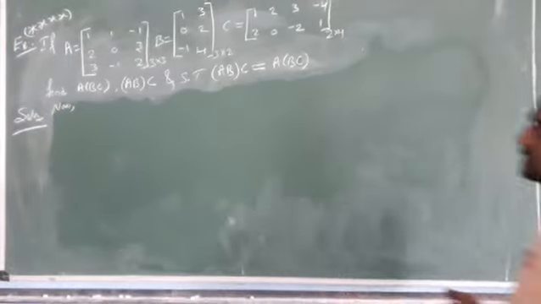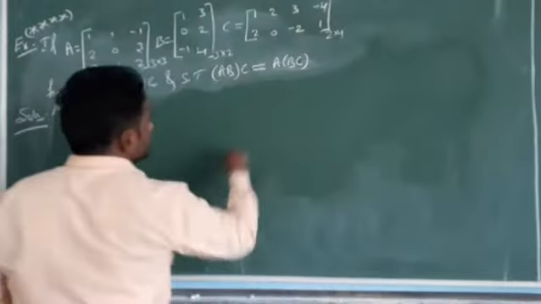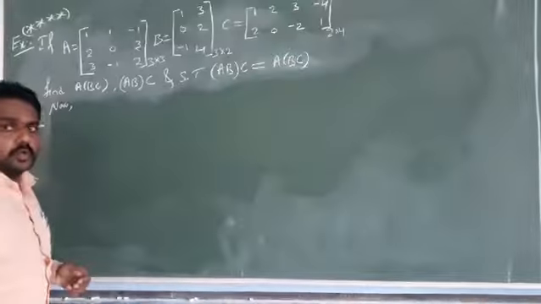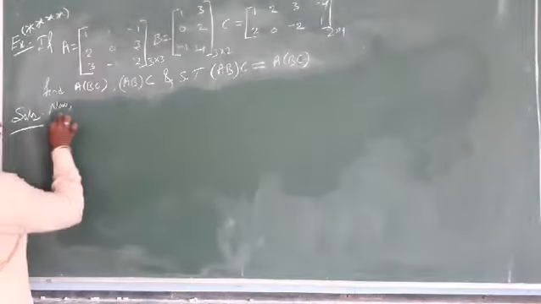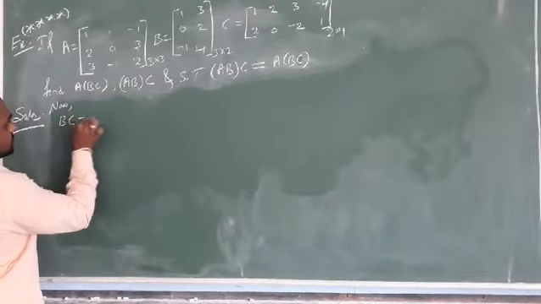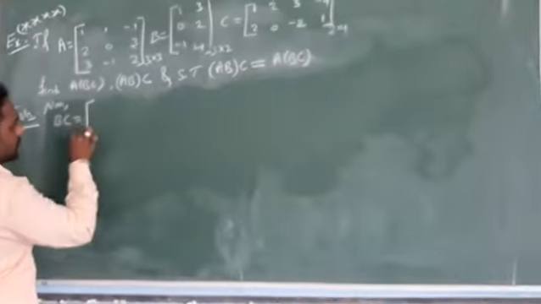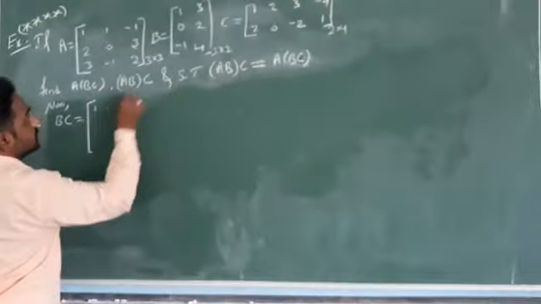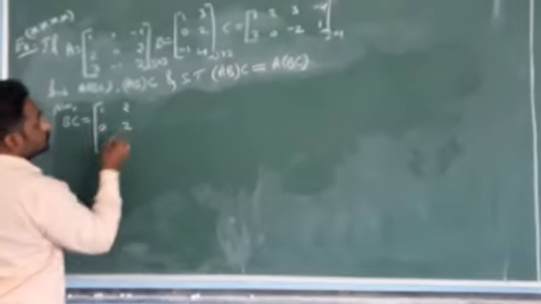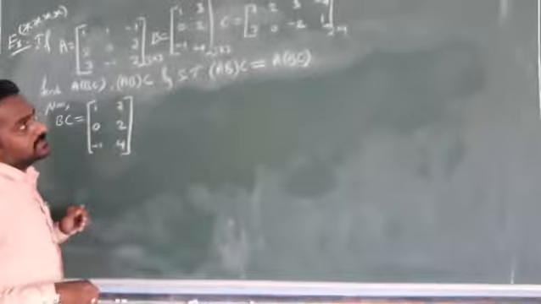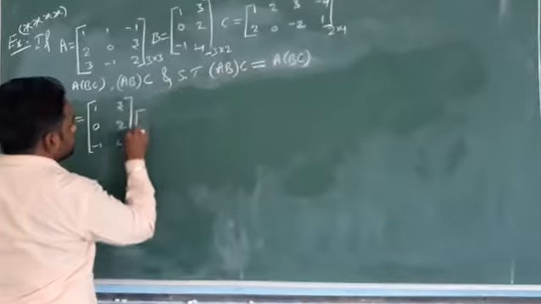Okay, next what is the thing students? You have to find A into BC. So first find the product BC. So what is the B? Matrix B, that is 1, 3, 0, 2, minus 1, 4. This is the matrix B. And what is the matrix C here students?